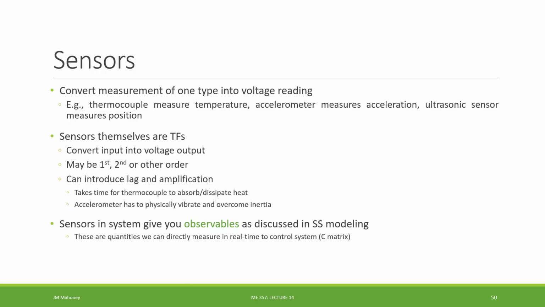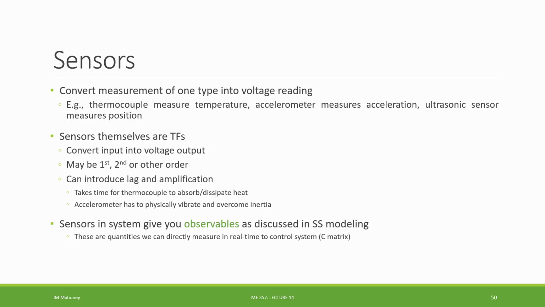If we have ultrasonic position sensors in our system, or maybe a transducer, then maybe we can be measuring directly the position of our different objects, but we don't have a way of directly measuring the velocities. Now the position and the velocity are related through the time derivative, so in theory we could numerically differentiate the position information and get that, but we are only going to be directly sensing the positions of our quantities.